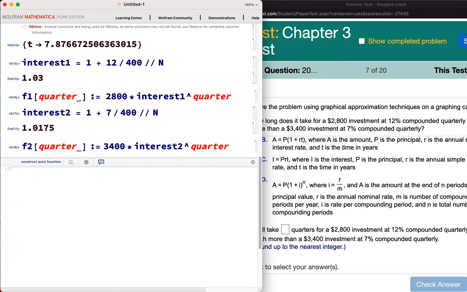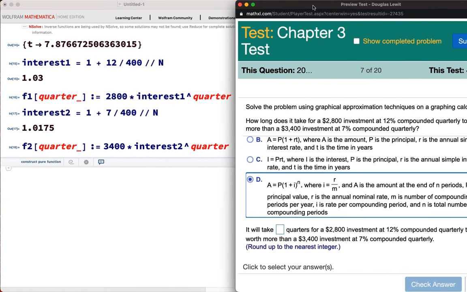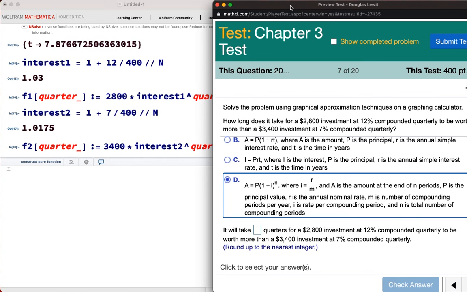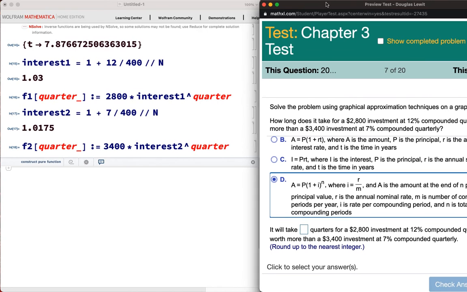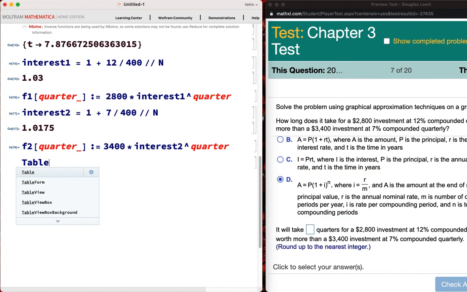Okay, so the next step, the question is, how many quarters does it take, for the first investment to be worth more than the second investment? And you have to round up to the nearest integer. Okay, so for this, we could use a table. Let's use a table.